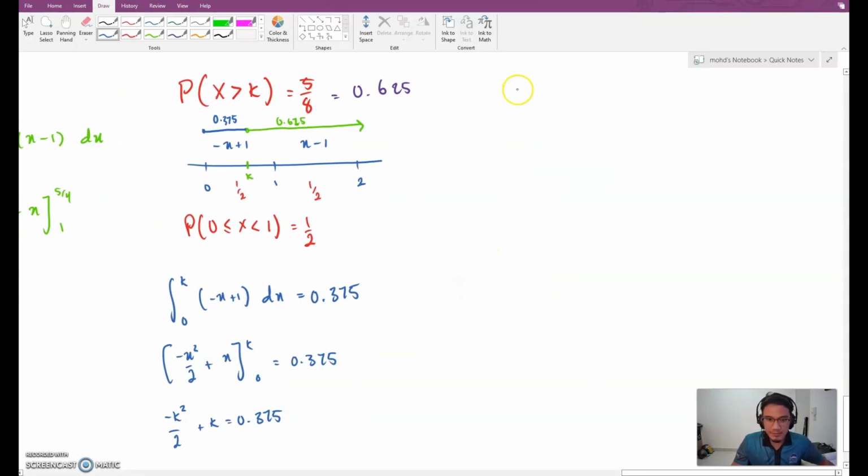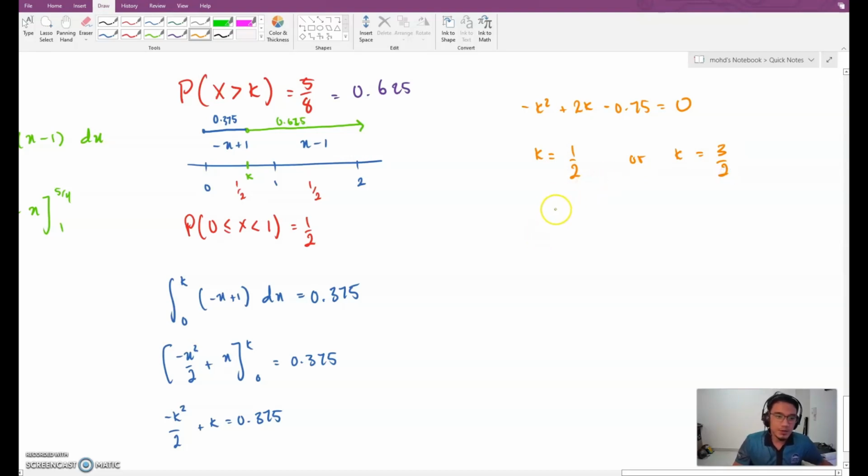Then we simplify to form a quadratic equation: negative k squared plus 2k minus 0.75 equal to 0. Then you can factorize and get k equal to 1 over 2, or k equal to 3 over 2.